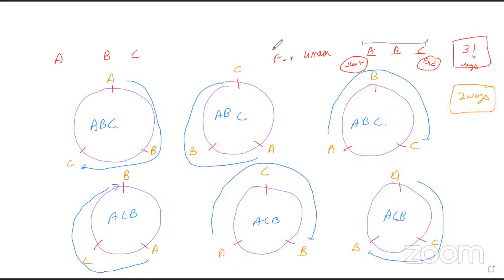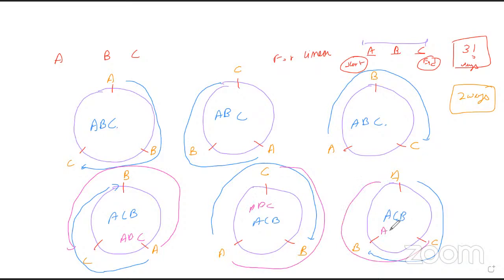Okay. Now suppose we are saying clockwise and anti-clockwise are the same. In that case, instead of counting them clockwise, I consider them anti-clockwise, and then also it becomes ABC. So if clockwise and anti-clockwise are the same, my cases are half. That's only one.